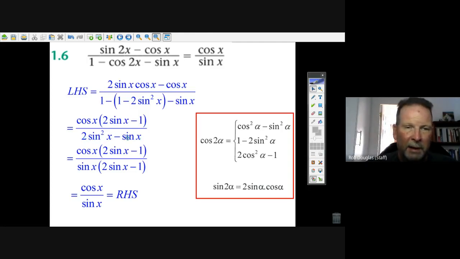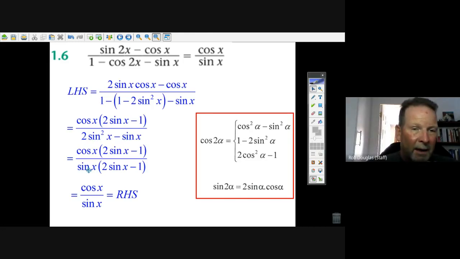But you look at this, and now it's time to look over to the right, too. I've got the cosine x here all by itself. The only way this question could work is if something up here was going to cancel with something down here, so I'll just be left with sine x here. Well, factor and cancel. Let's think here. I'm going to factor out sine x, which is in both of these.